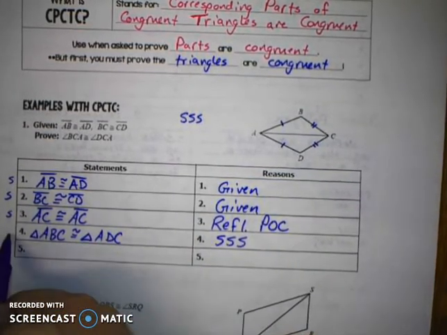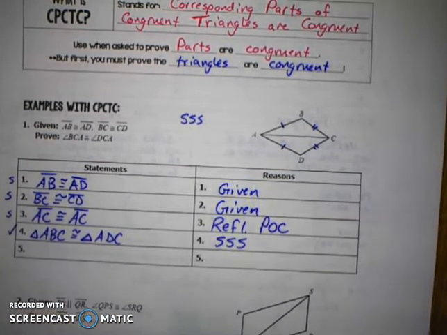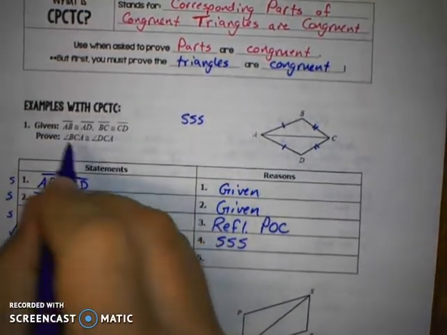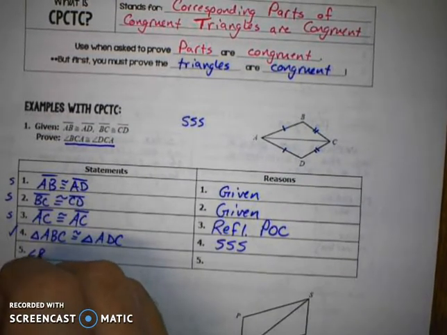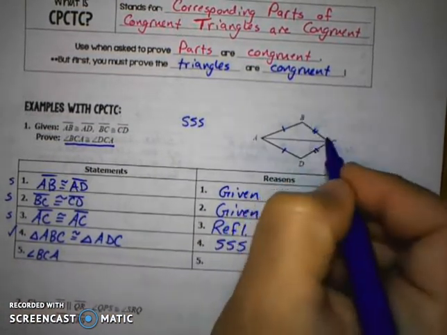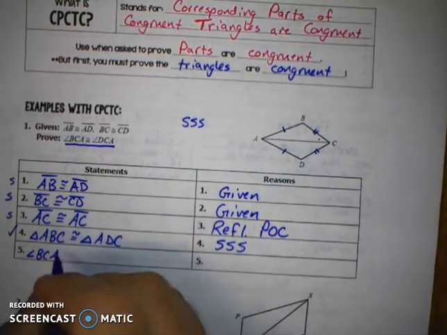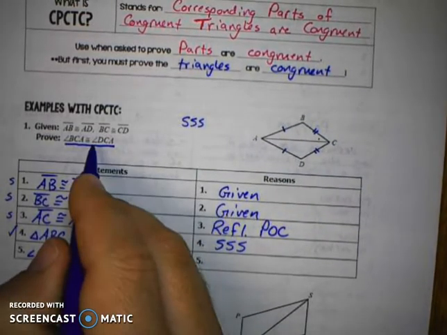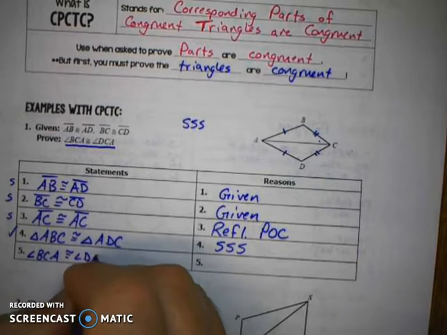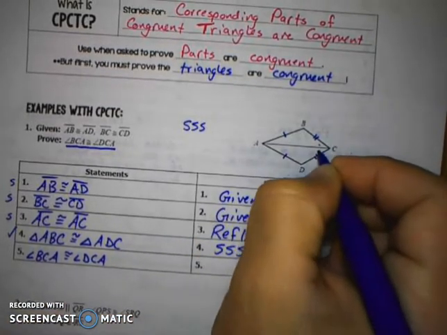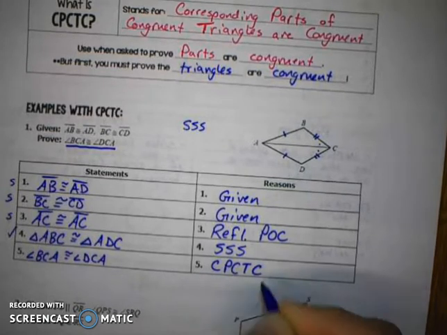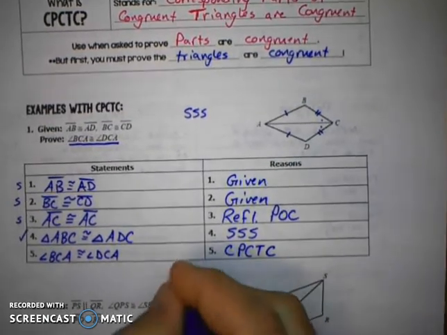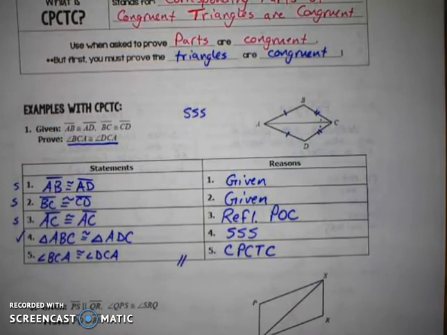And since I have said the triangles are congruent, now I can say that these corresponding parts are congruent. Angle BCA, this angle, has to be congruent to angle DCA, its corresponding angle, because of CPCTC. And that finishes our proof.